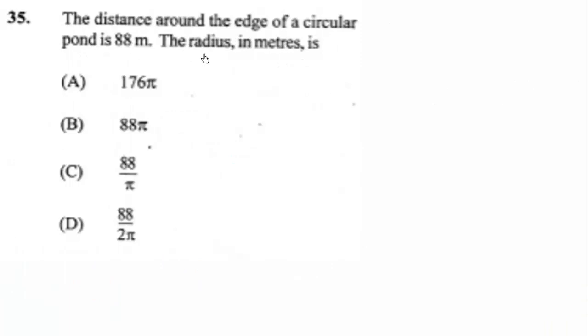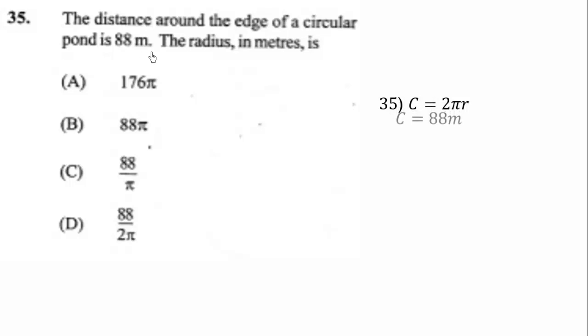The distance around the edge of a circular pond is 88 meters. The radius in meters is... so we want to calculate the radius. Now we know circumference is equal to 2 times pi times the radius, and we're given the circumference to be 88.